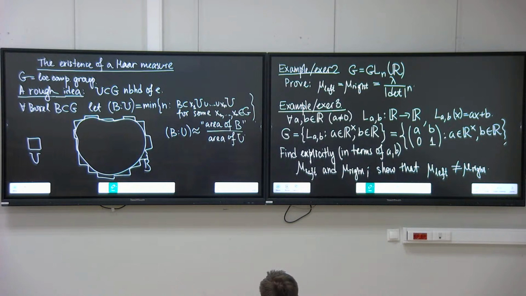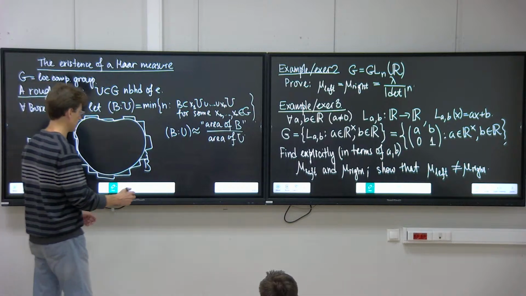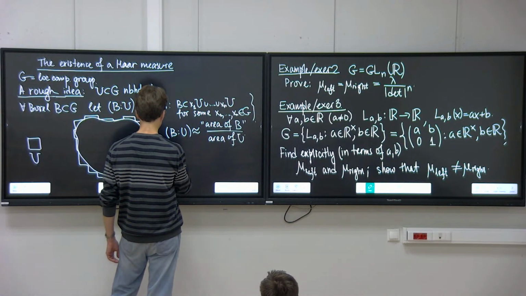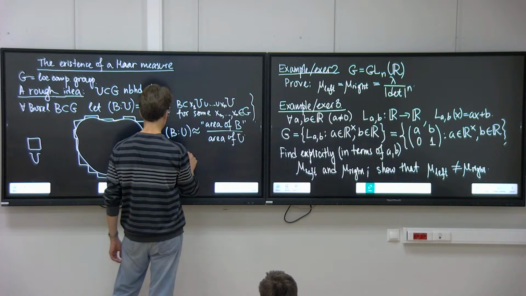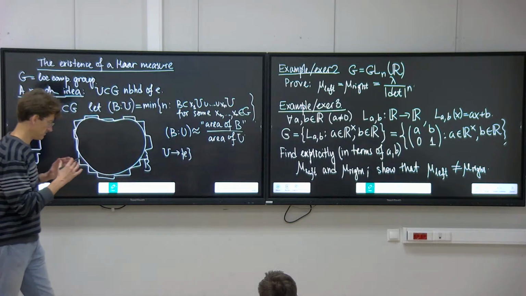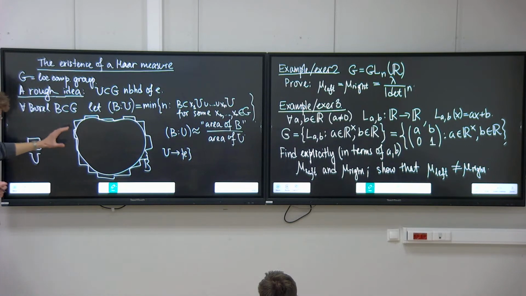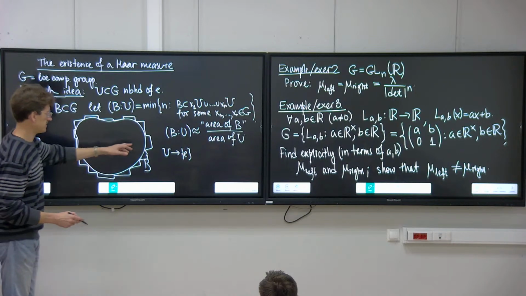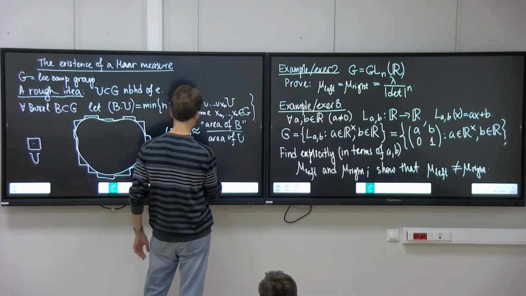Of course, there is a problem with this definition, because to get a better approximation, we must make U smaller and smaller. But if U shrinks to the identity, then this number goes to infinity.